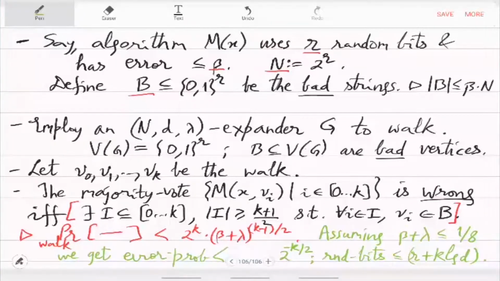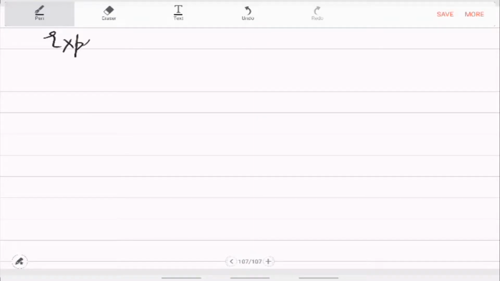So we'll now construct explicit expanders. The new topic that we begin is still within expanders, but now we will want explicit expanders: constant degree, very large, but very few neighbors and easy to find.